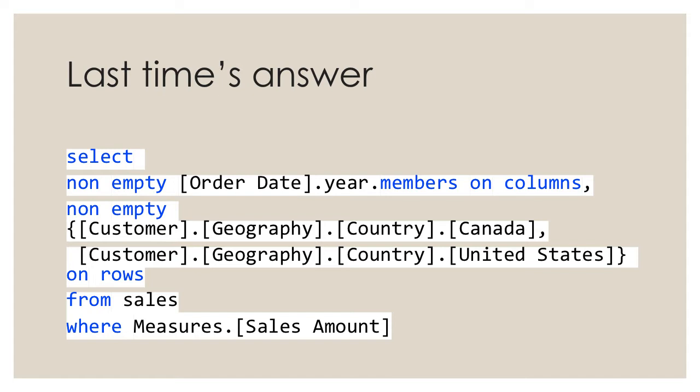So basically, you're just going to be changing the non-empty, this specific line. I'll give you 5 minutes to play with it. So all you have to do is to get the states of Canada and United States, other than the countries themselves. Okay? Let's do it.